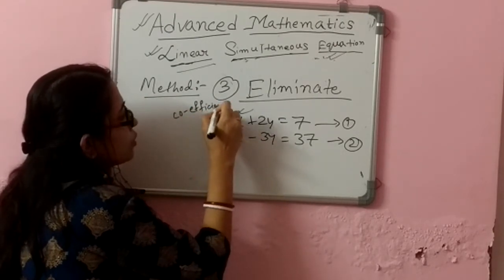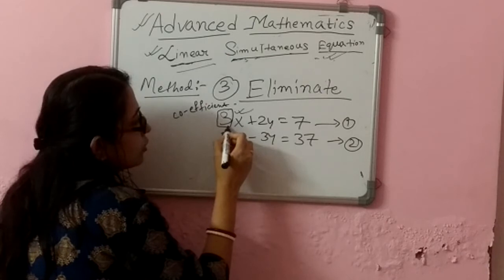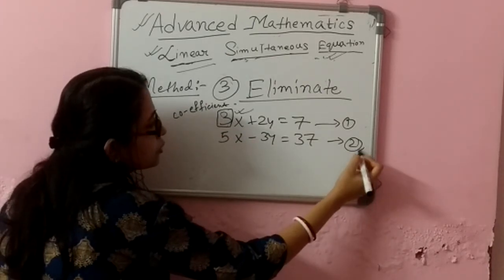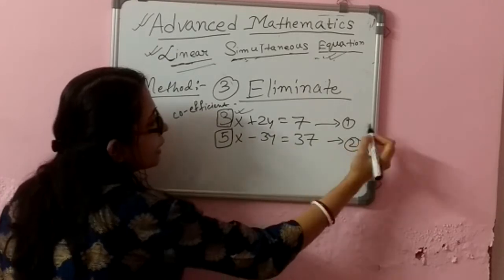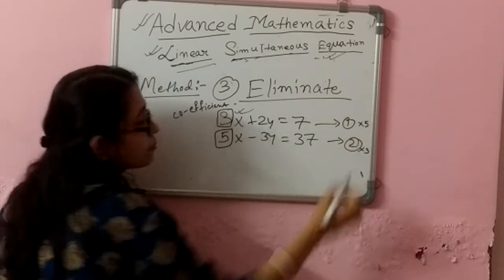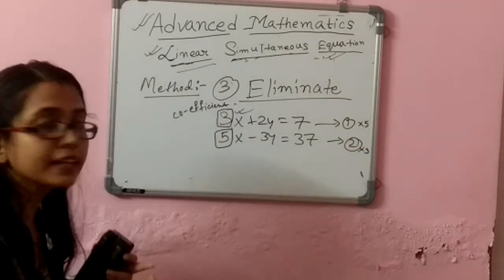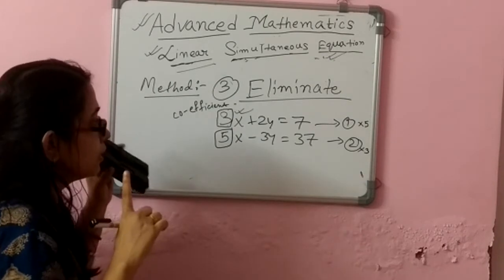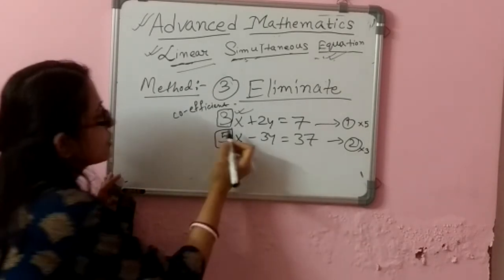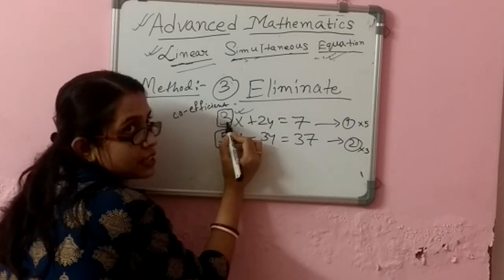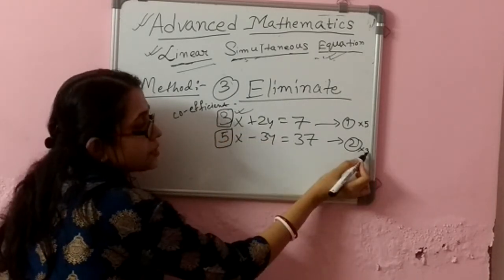So, we will multiply equation 2 with 3 and we will multiply equation 1 with 5. That means we are multiplying the opposite equation with their coefficient. Here the coefficient is 3, so we have multiplied the second equation with 3.